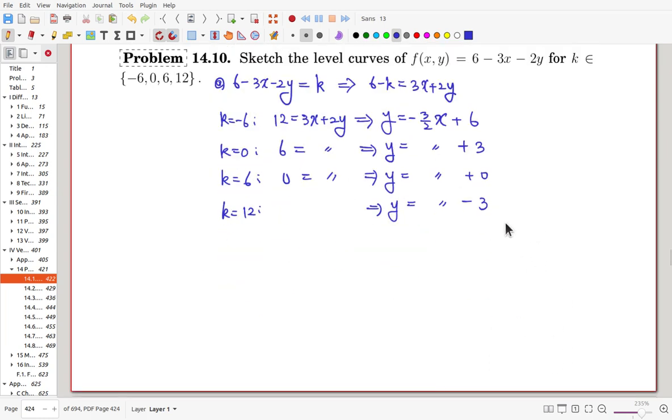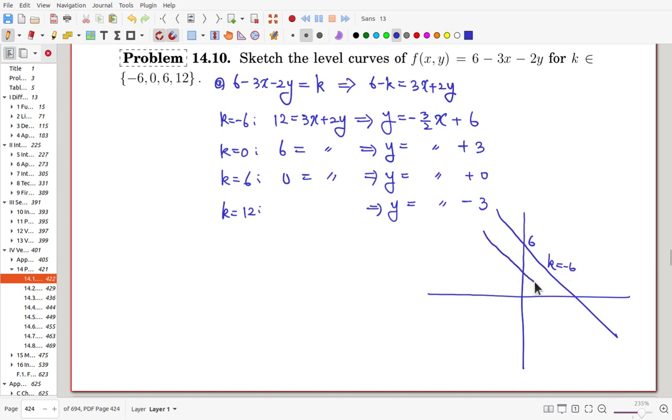And for each level curve, we can make the graph here. Now from this one, the slope is negative, and there is a passing point here. That is when k is minus 6.